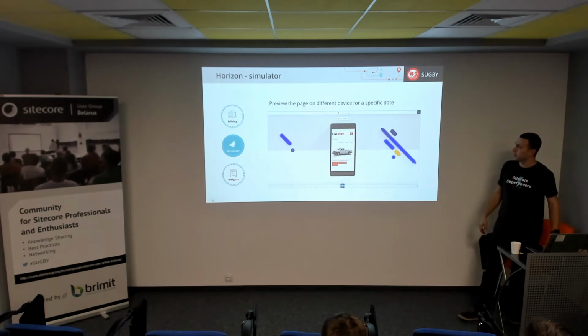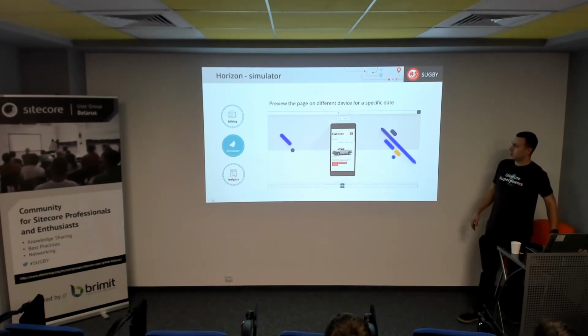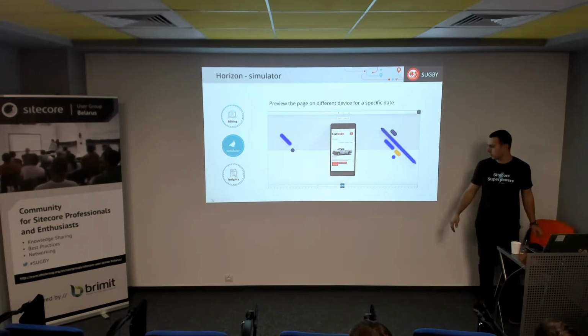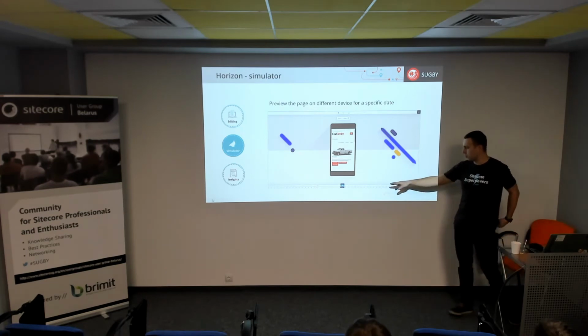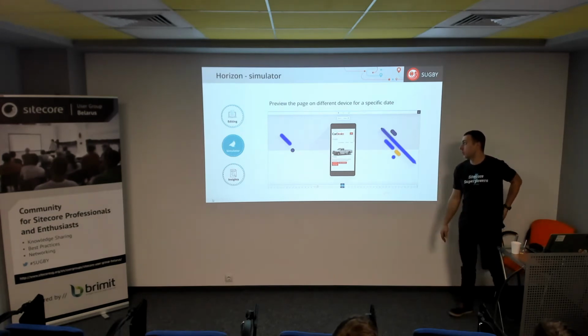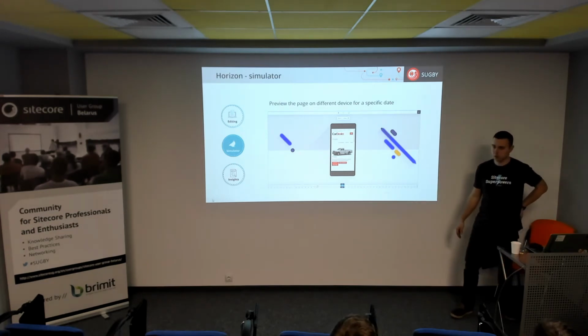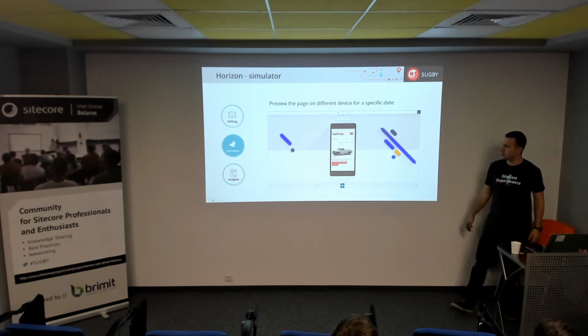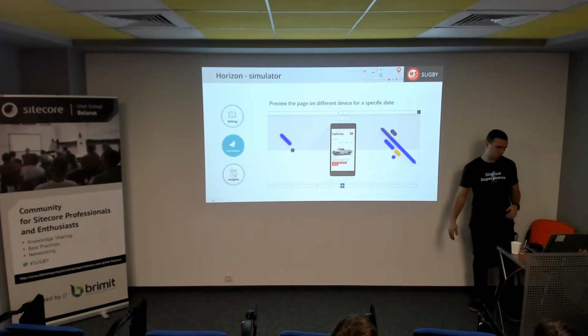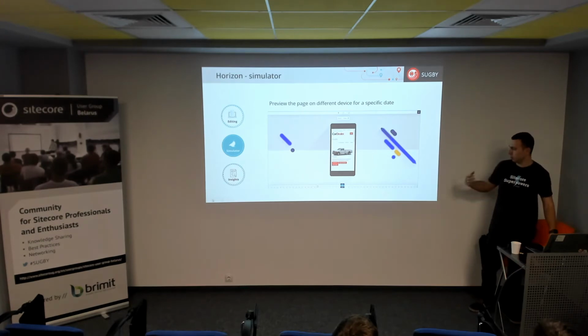Also, we have a preview page where we can see how our page will look on mobile devices, and also we can choose any date. If you have some personalization based on dates, you can still preview how your website will look when those personalization rules are applied.